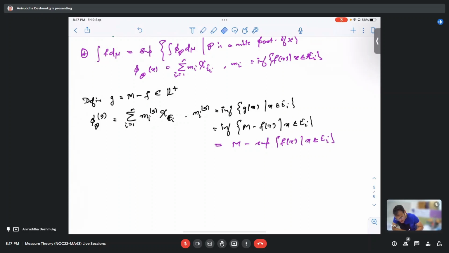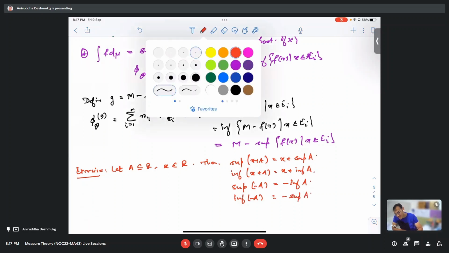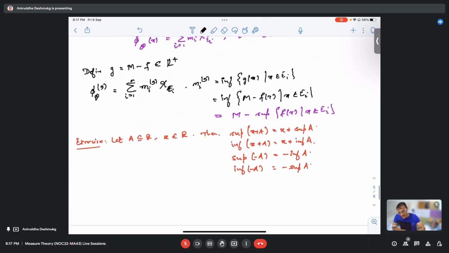So maybe the exercise is this: let A be a subset of R, and let x be in R. Then the supremum of x plus A is x plus the supremum of A. The infimum of x plus A is x plus the infimum of A. The supremum of minus A is minus the infimum of A, and the infimum of minus A is minus the supremum of A. Okay? So you prove these four things.